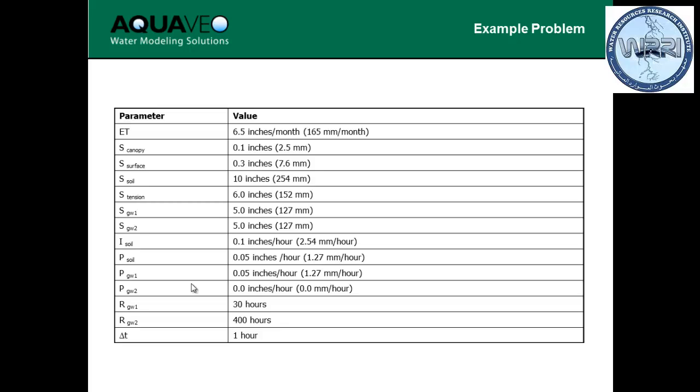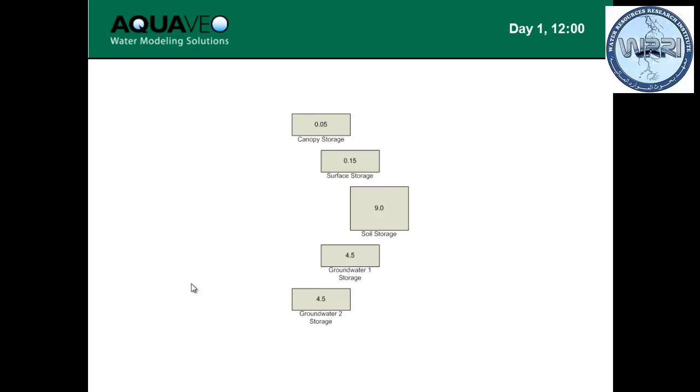And at the first time step in my model, these are the amount of storage in each of my layers. So my canopy has 0.05 inches, surface has 0.15 inches, soil is 9 inches of storage, and these are all the amount of the inches of water in each of these layers. And then I have this amount of water in my groundwater 1 and this amount in groundwater 2.